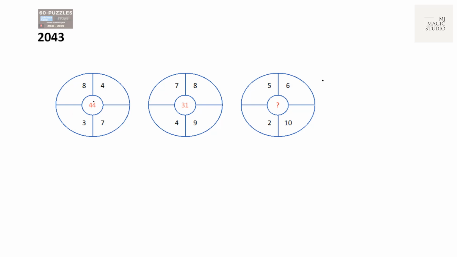Try to locate some relationship with these four numbers so that we can get 44. Multiply, add, subtract and do something. 8, 3, 24, 28, no, 56 and 12, bingo. 8 into 7 is 56 and 4 into 3 is 12. So 56 minus 12 is giving 44.